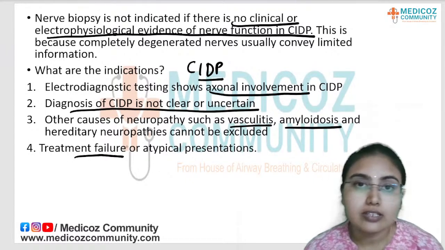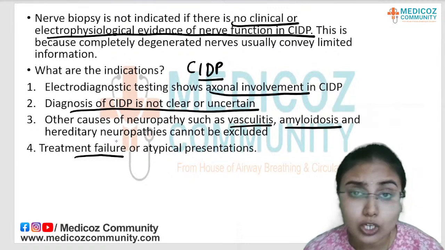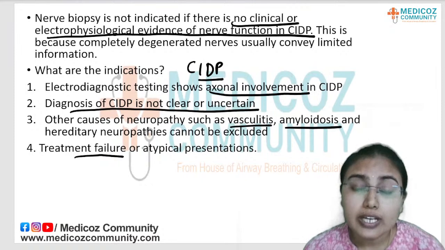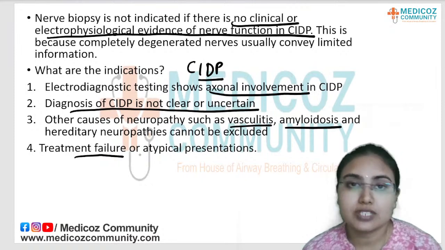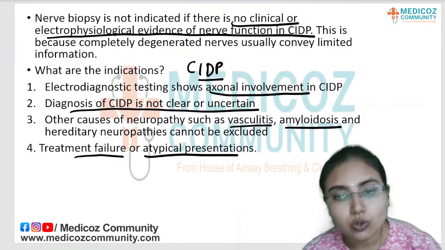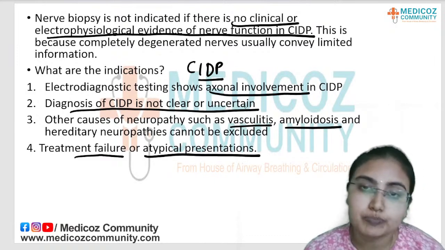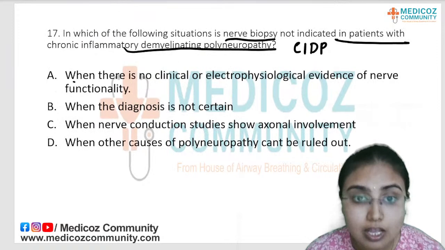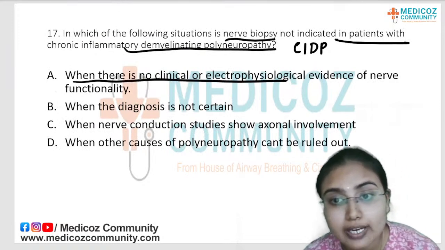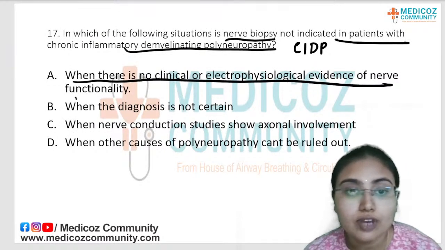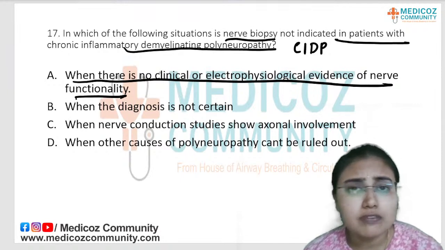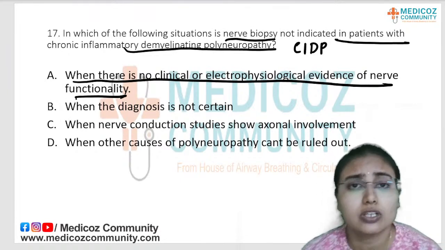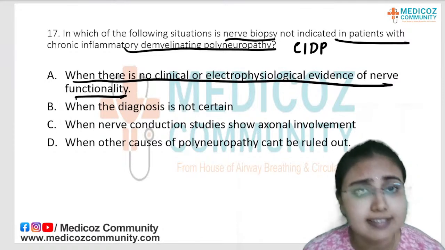Treatment failure, that is, you start treating for CIDP with steroids, plasmapheresis, IVIG, or if there is an atypical presentation of CIDP, then also you do a nerve biopsy. Right. So the answer here, my dear students, is A, when there is no clinical or electrophysiological evidence of nerve functionality. The nerve is completely degenerated, and if you take that biopsy of that particular nerve, it's not going to yield any result for you.